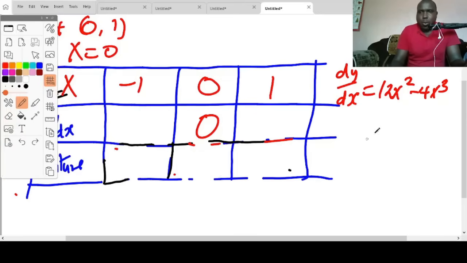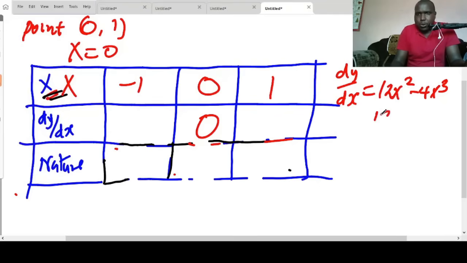Now let's put 1. If we substitute with 1 here, we will have 12 minus 4. And here is going to be 8. Right? To the left, we substitute here with negative 1. So -1 squared is 1. So in fact, it's going to be 12 plus 4.